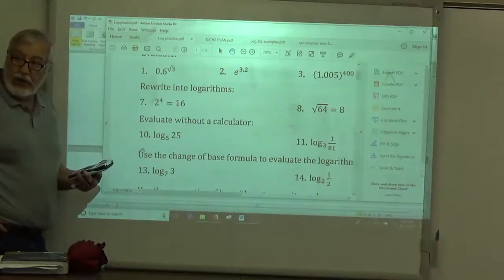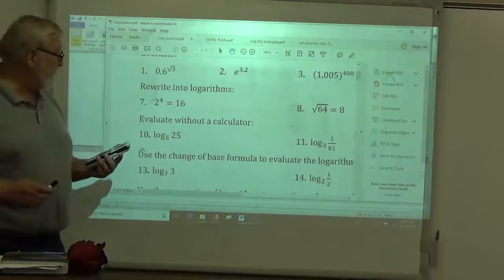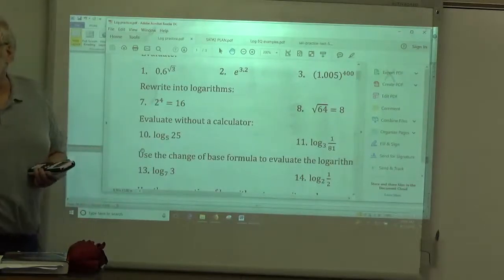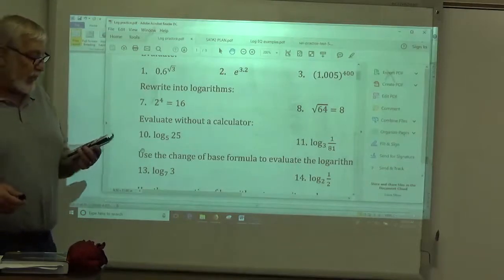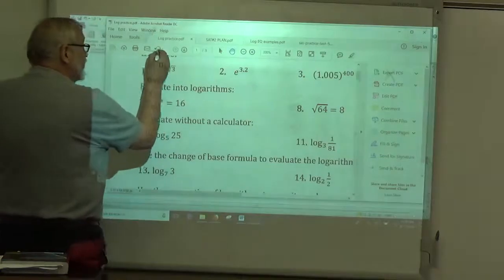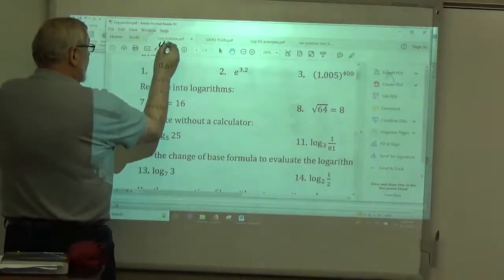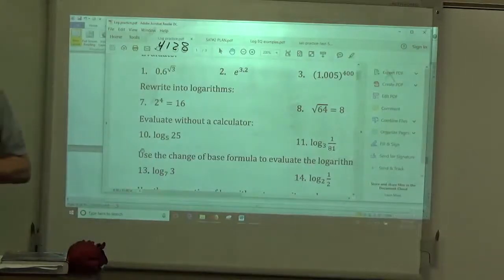I get 0.4. Did you use square root? It's 0.6. Right, 0.41280, right? So the answer is 0.4128. And then cut off the 0 beyond. All right, everybody see that?